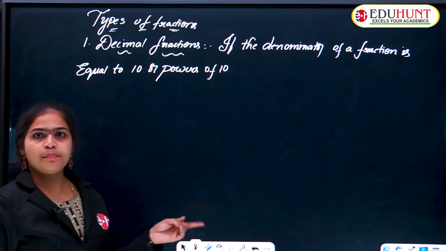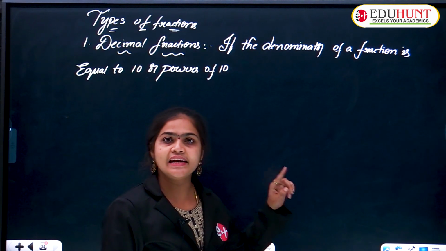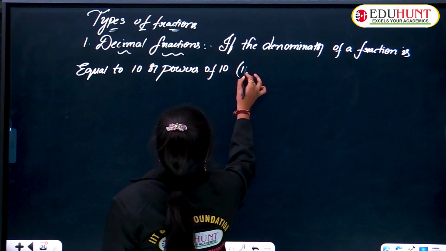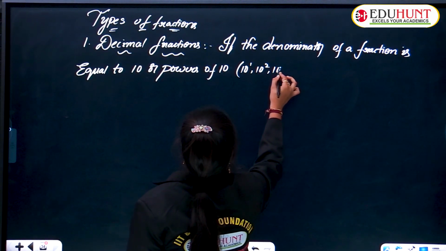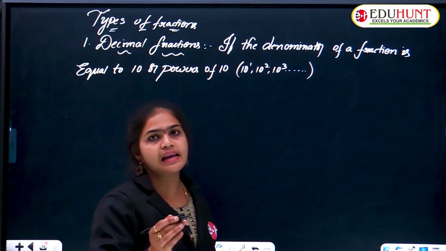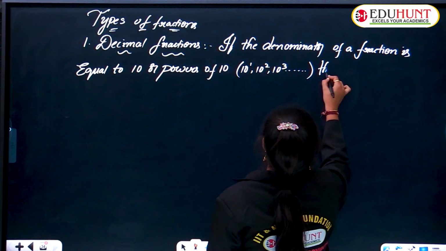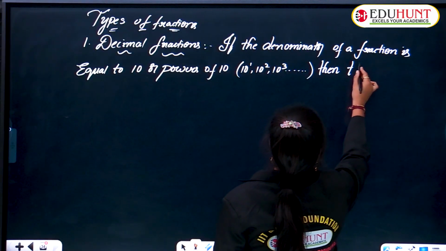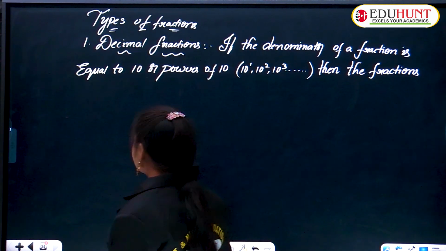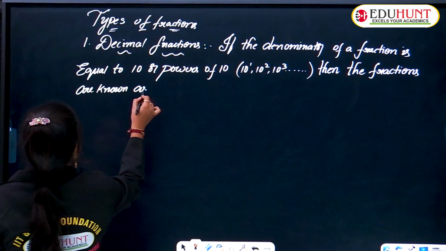Powers of 10 means 10 power 1, which is 10; 10 square, 10 power 2, means 10 into 10, which is 100; 10 power 3 means 10 into 10 into 10, which is 1000. So powers of 10 means 10 power 1, 10 square, 10 cube and so on, which means 10, 100, 1000, 10,000 like that. Then the fractions are known as decimal fractions.